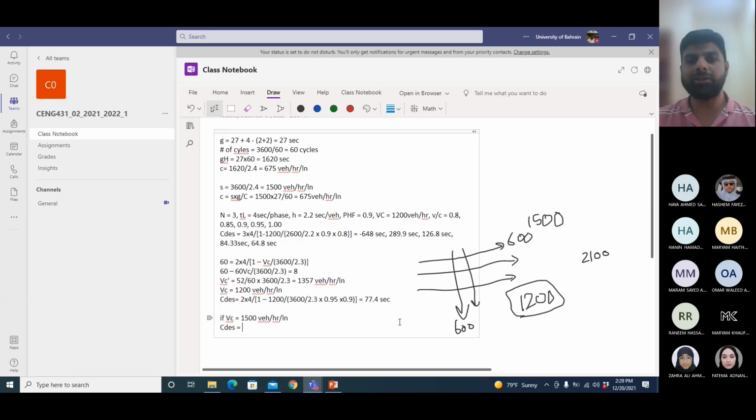So whatever value you calculate, you use this value. What is C desirable now?